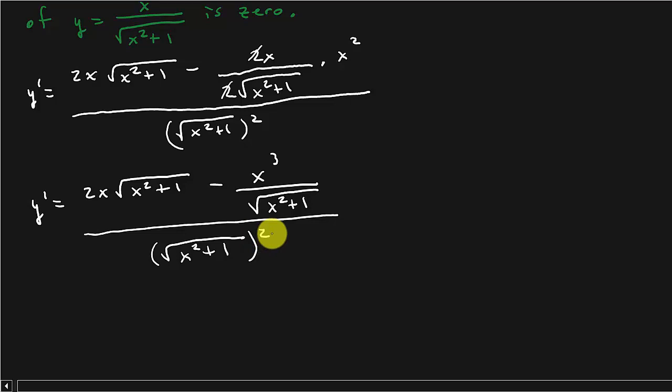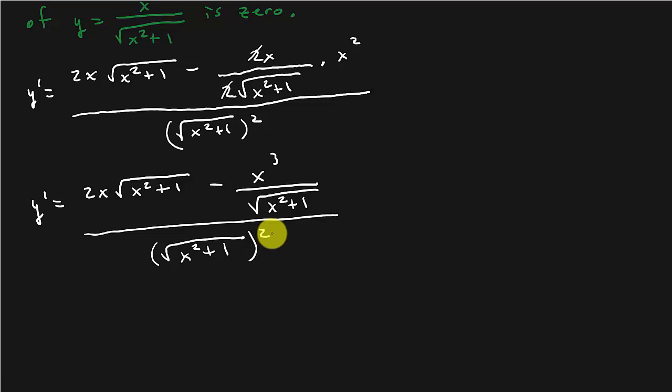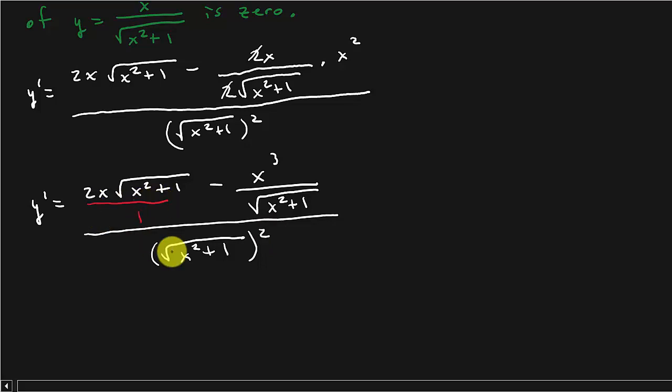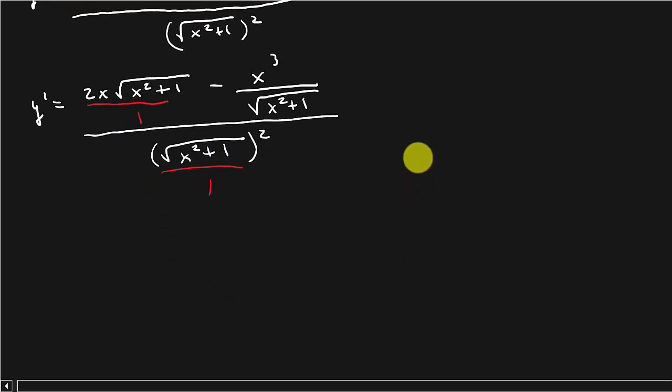All right. So look, all we're going to do here is we're going to simplify just like we did before. Look at this as being over 1. This is being over 1. And I'm going to multiply everything by the common denominator of 1, 1, and square root of x squared plus 1. So everything's getting multiplied by square root of x squared plus 1.